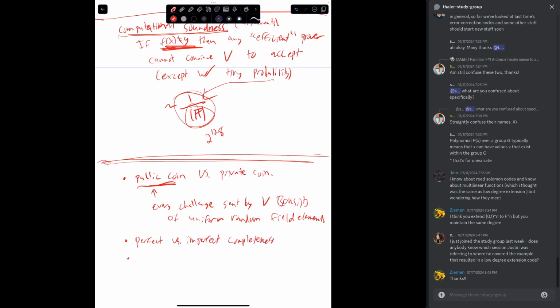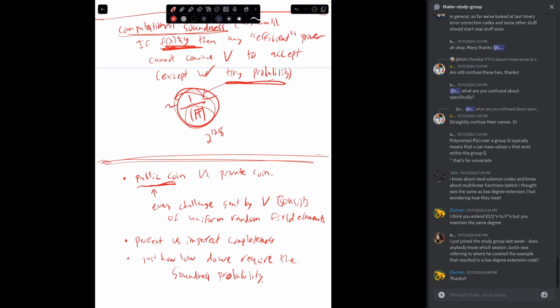And there's the question of just how low we require the soundness error to be. This is the probability that a cheating prover gets lucky and convinces the verifier to accept, even though the original claim was false.